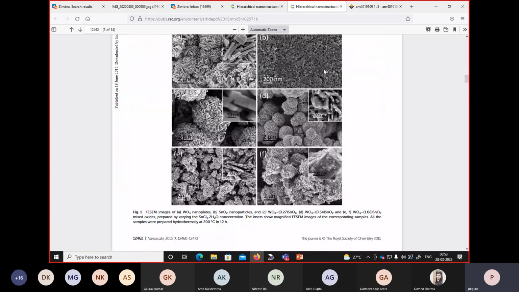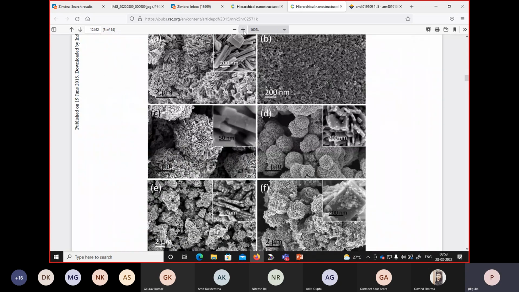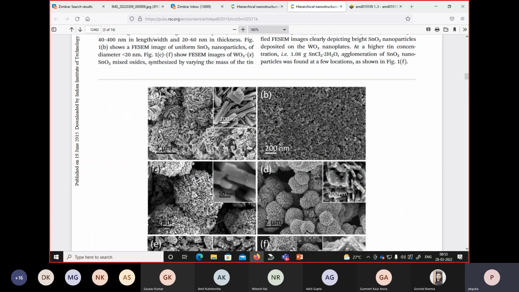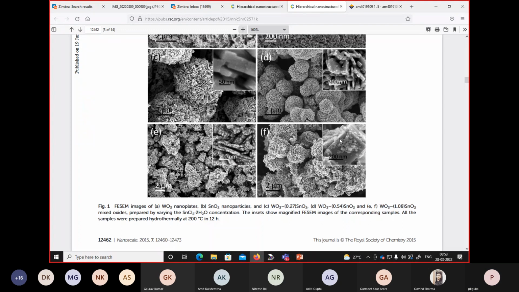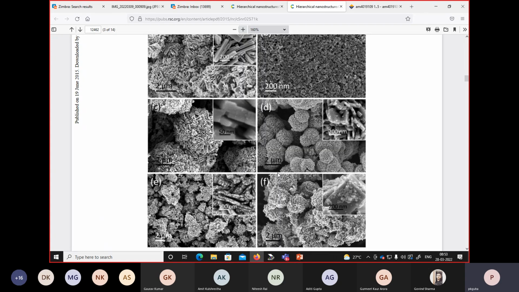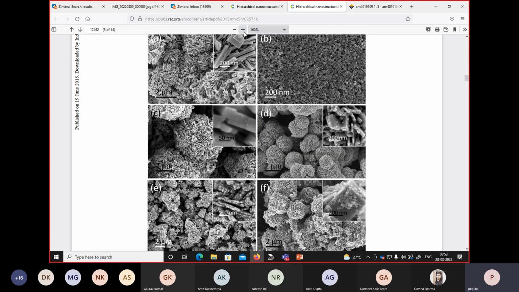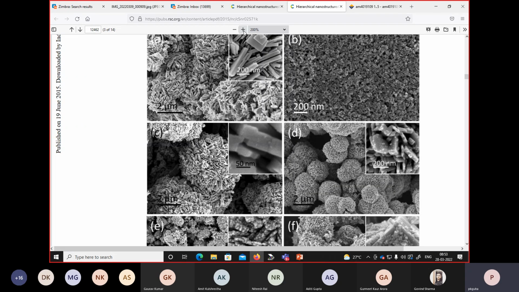So see, this is an SEM image of different nanostructures. You see, SEM image shows how the nanostructure actually looks like, with a scale bar. SEM image is also very important, but you hardly get a height profile here.